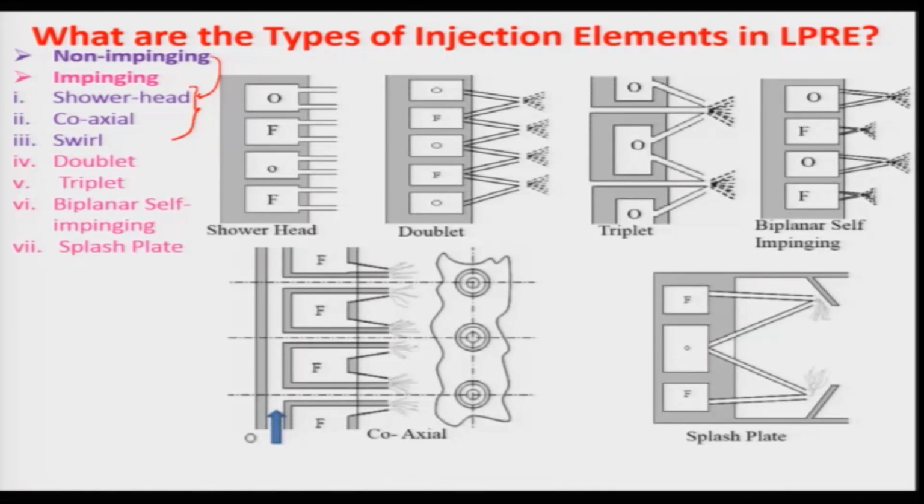So, let us look at the shower head atomizer. In this case the orifices are as shown here, and this is your fuel manifold and this is your oxidizer manifold, and of course, it has 2 orifices or holes, and the liquid jets are coming out of these orifices.